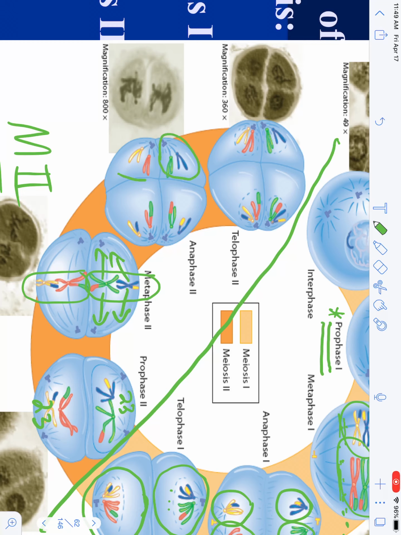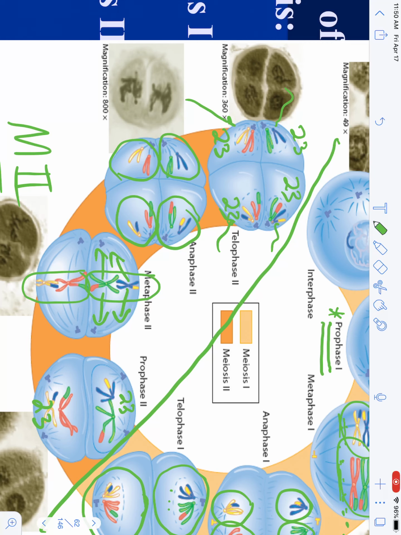We pull them apart, and so we still get 23 strands here on each of the cells that result. So you end up, in human terms, 23 chromosomes in each of the resulting cells.